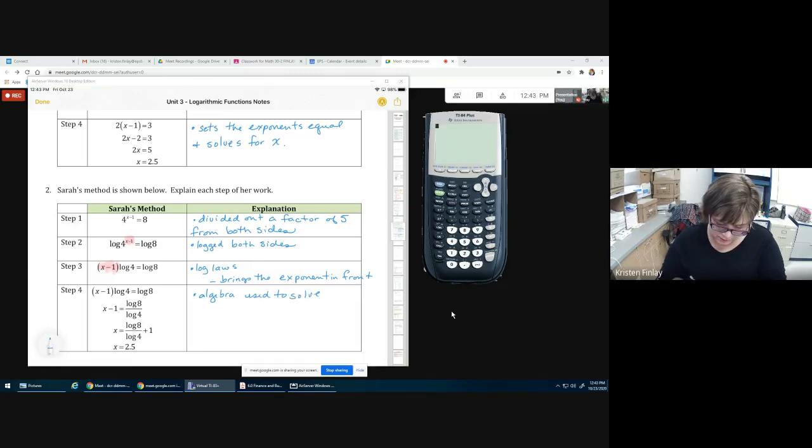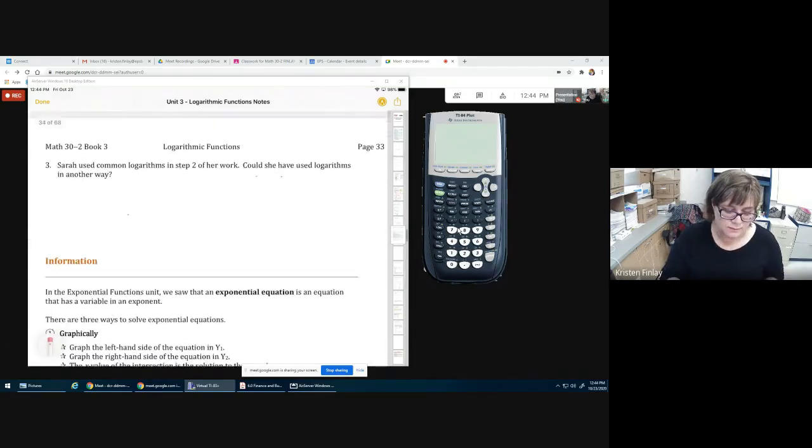Okay, she moves her log 4x over by dividing, and then she divides those out, and she solves. Okay, and what you notice is you get the same answers. Okay, so we can use this as a strategy to help us solve exponential equations.